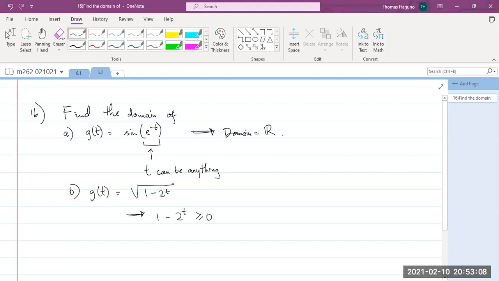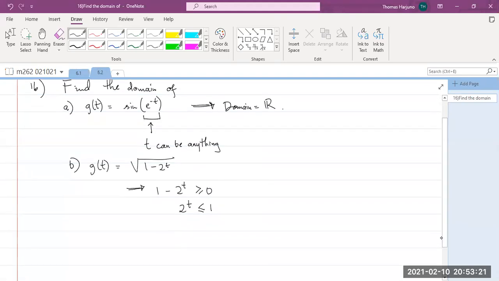But that implies that 2 to the t must be less than or equal to 1, and therefore t must be less than or equal to 0. How do you know, Thomas?